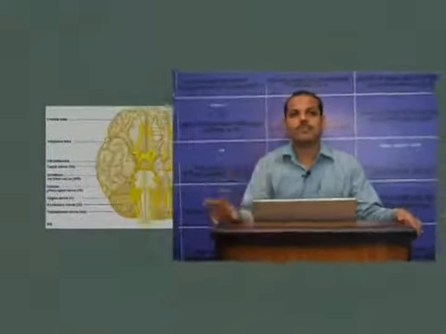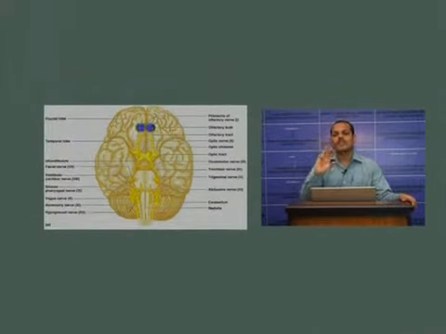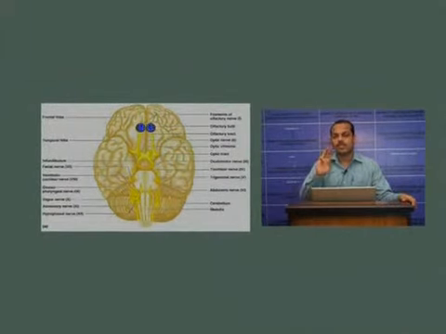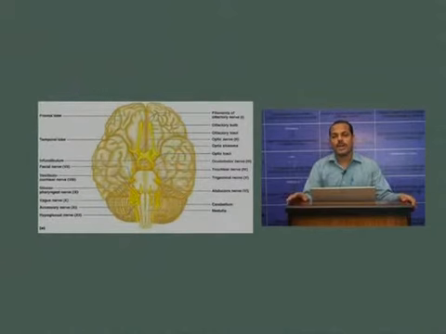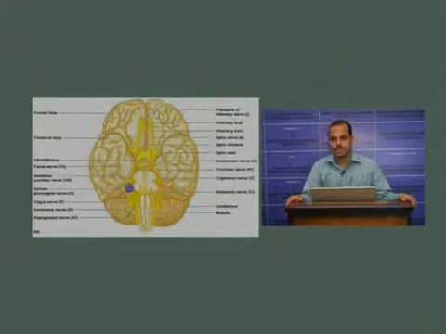There are 3 sensory cranial nerves: cranial nerve number 1, the olfactory nerve, cranial nerve number 2, the optic nerve, and cranial nerve number 8, the vestibulocochlear nerve. These contain only sensory or afferent fibers.